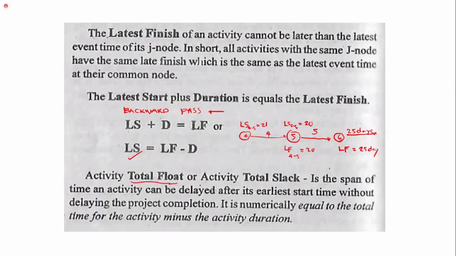The total float is the span of time an activity can be delayed after its earliest start without delaying the project. So if there is float, we can use it as leeway. If the float is not used, it means we finish earlier than our critical path.